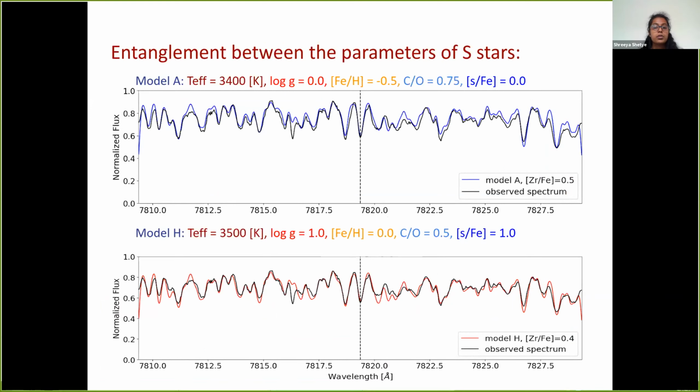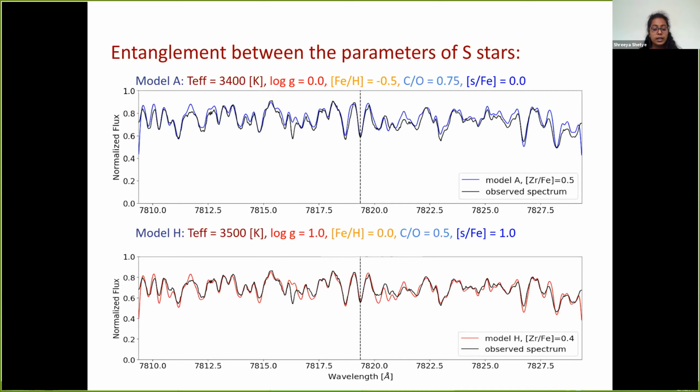For example, when you're using optical spectra, the parameters of these S stars are strongly entangled with one another. Apart from the temperature and the log g, the surface gravity, there are many other parameters which also play a crucial role, such as the metallicity of the star and the carbon over oxygen ratio. So it's a multidimensional parameter space, and these parameters are strongly entangled with one another.